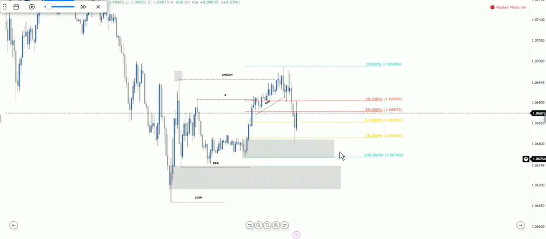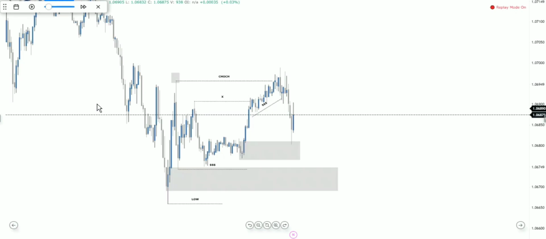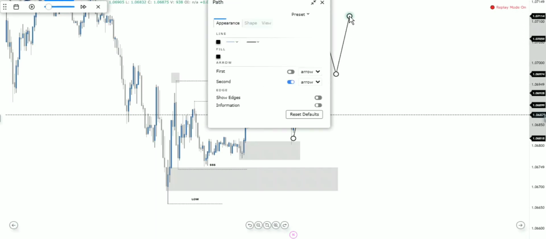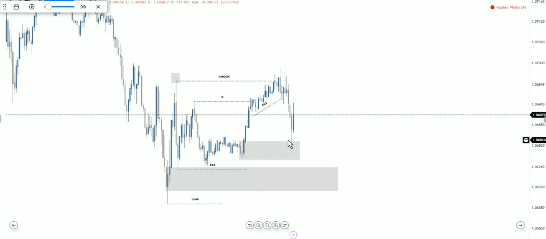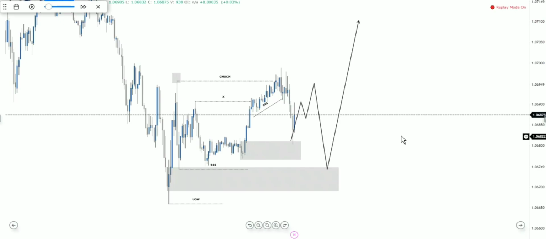So as you can see, price went ahead and tapped into the yellow zone, and we call that a demand zone. And from here we either expect price to continue to the upside, or we expect price to come into the high here and then drop back down and then continue to the upside, right?